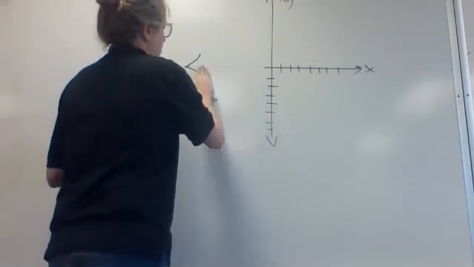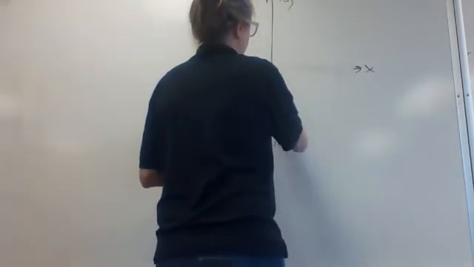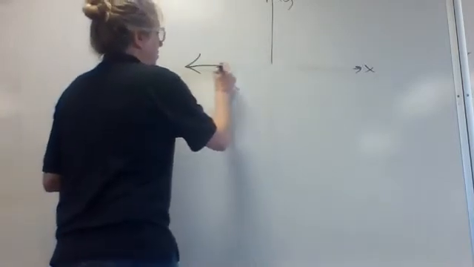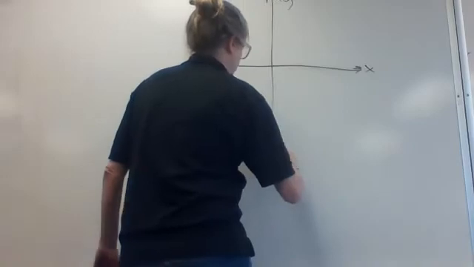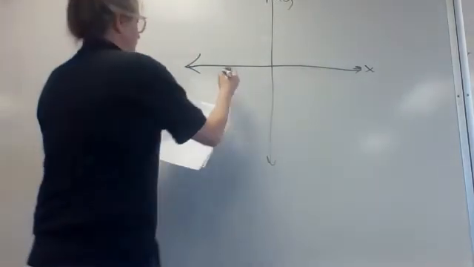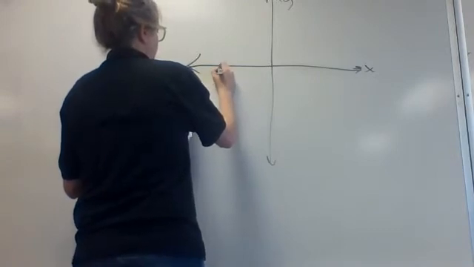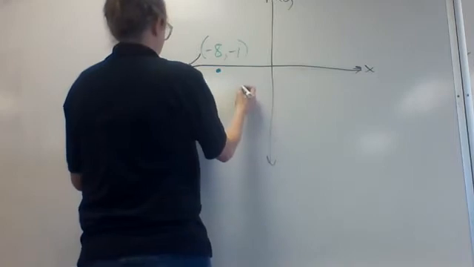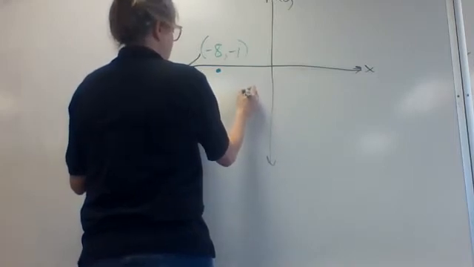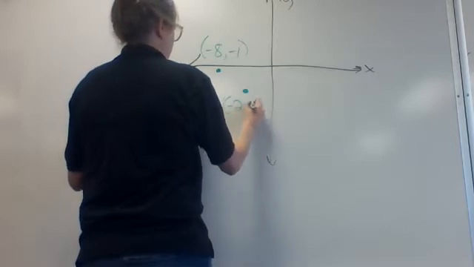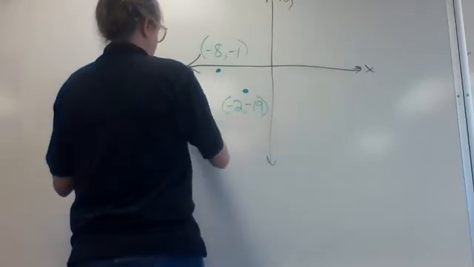I'm just gonna draw it out. It tells me what the points are that I need. This one's at -8, -1. And this one's at -2, -19.